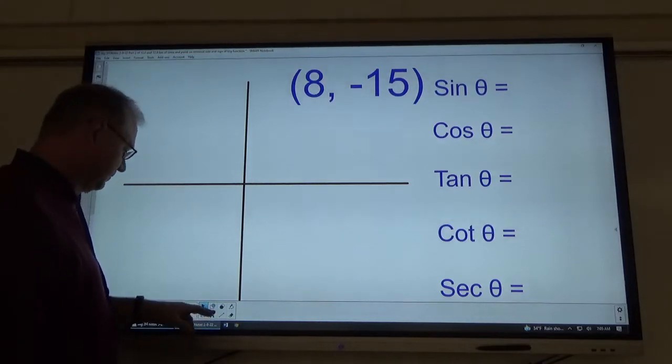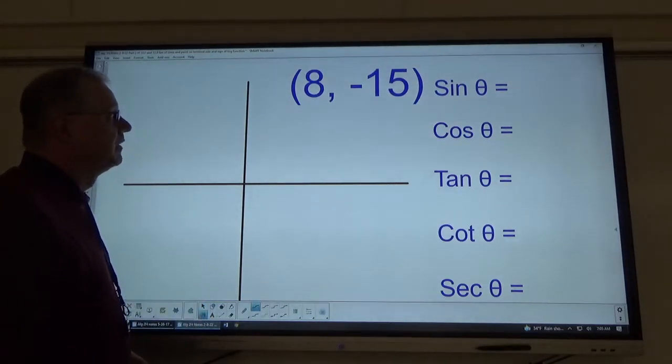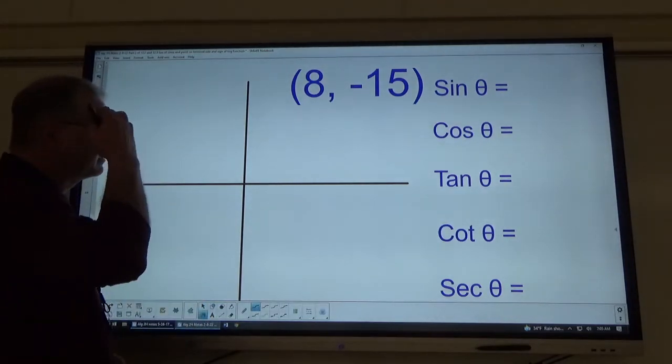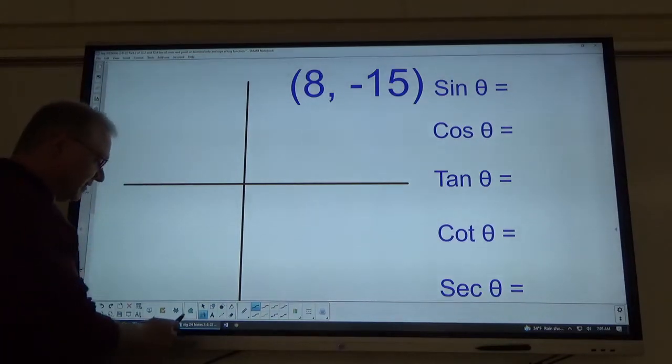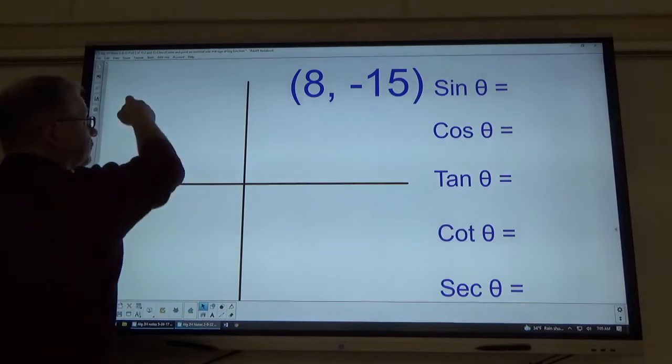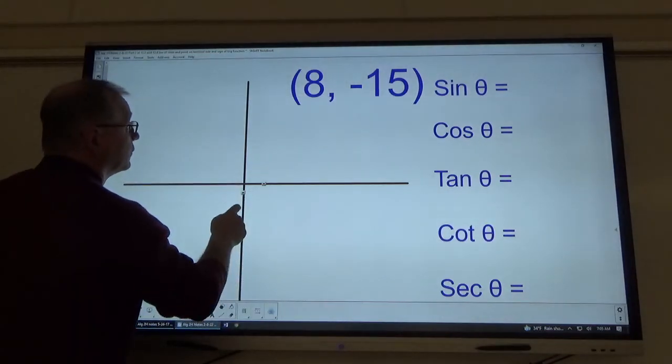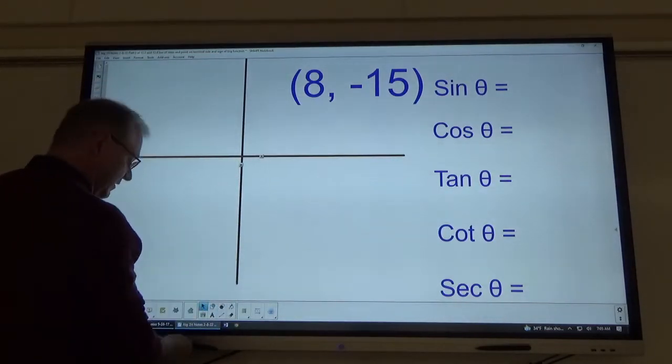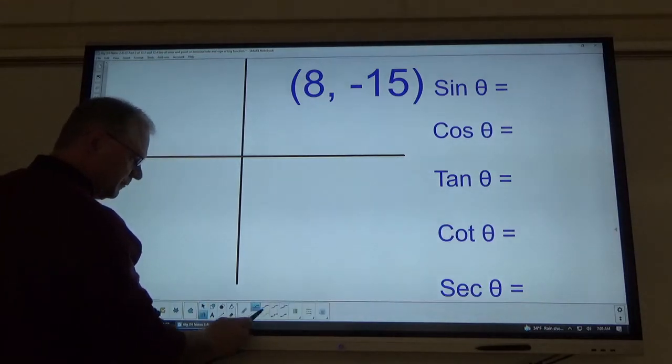In this, we're talking about a particular point, the point (8, -15). Let me just move this up a little bit more so I can get to it. There we go.